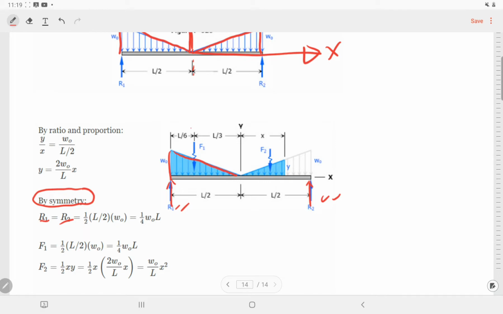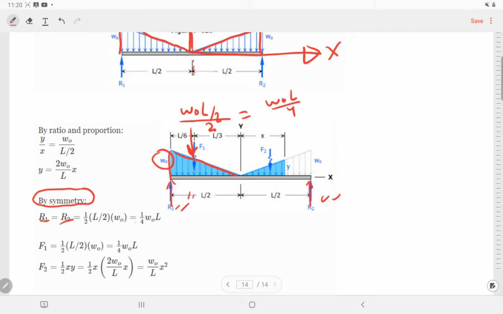How much is this force? The resultant of the triangle is the height, which is w naught, times the width, l over 2, and divided by 2. Why? Because the area of the triangle is w naught l over 4.